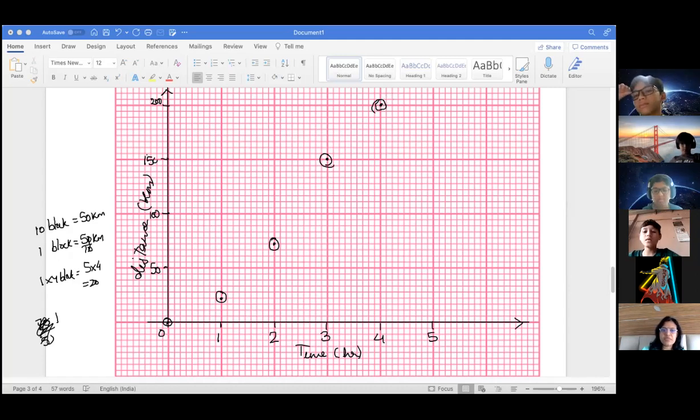Mine is not coming out properly. Ma'am, for the first two, 1 and 2, it was constant. Then, ma'am, it increased. Now if you join the graph, it is not a straight line. You can see. You have to join it freehand.